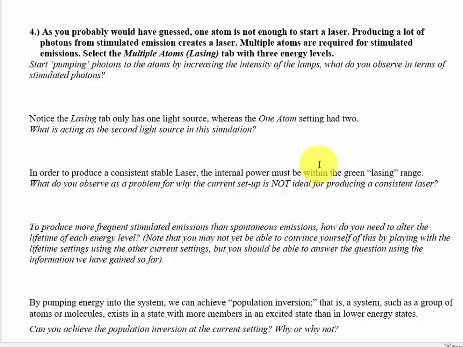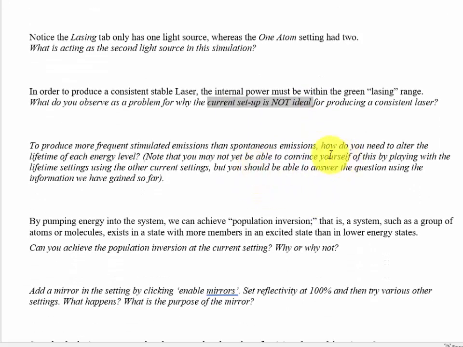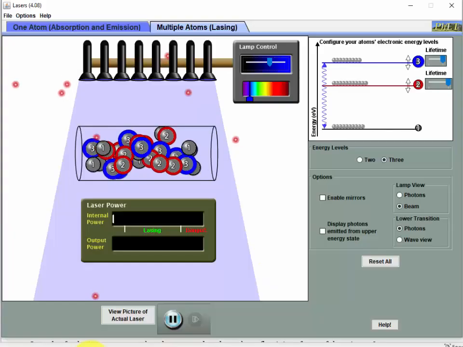We want to get this to lase, so why isn't this working? We're going to start messing around with some lifetimes, and we can also enable some mirrors in just a little bit. So I'll hop back to the simulation right here.